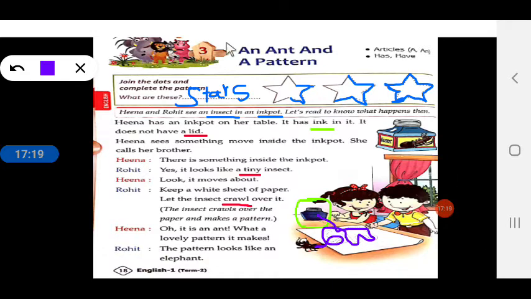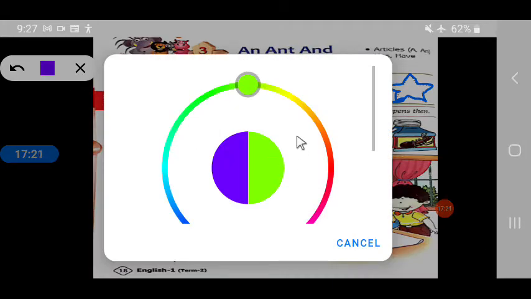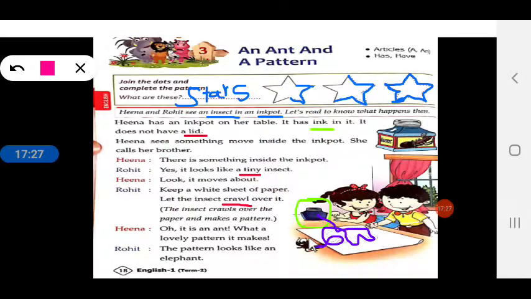So they said that it is an ant. Lovely means attractive or beautiful or pretty. We can say pretty pattern, lovely pattern.